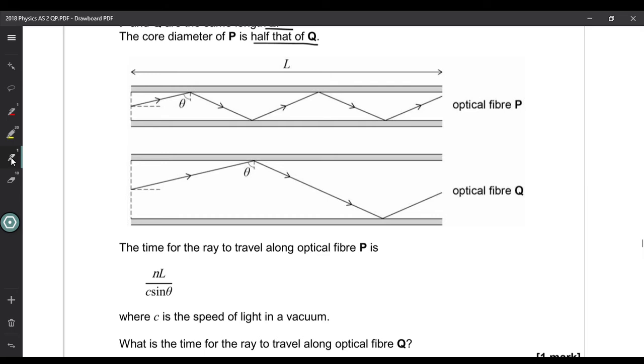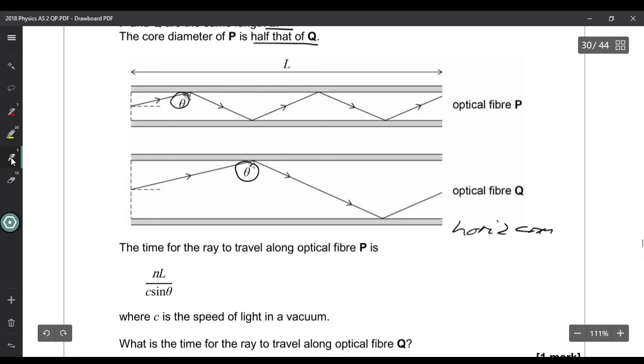Now this is actually much easier than it seems on the surface. Because they're travelling at the same speed, and because this angle is the same in both cases, and the length is the same, the horizontal component of the speed is also going to be the same.